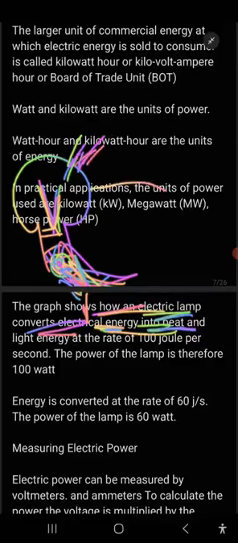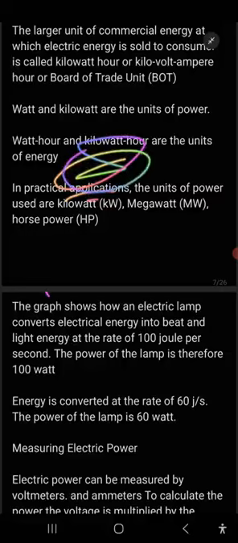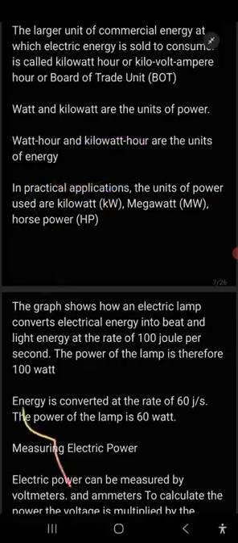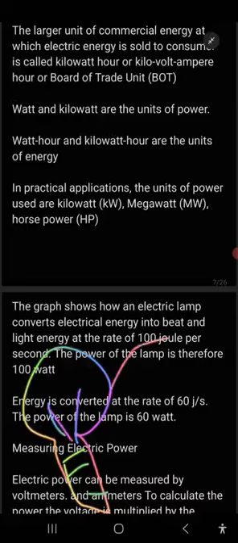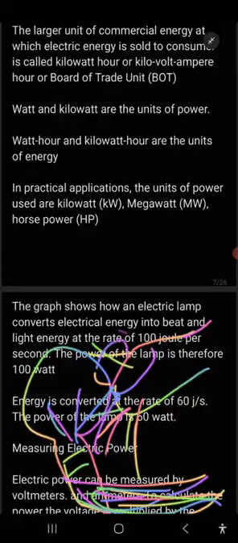When you touch it, you get hot. This is literally turning electrical energy into actual heat.